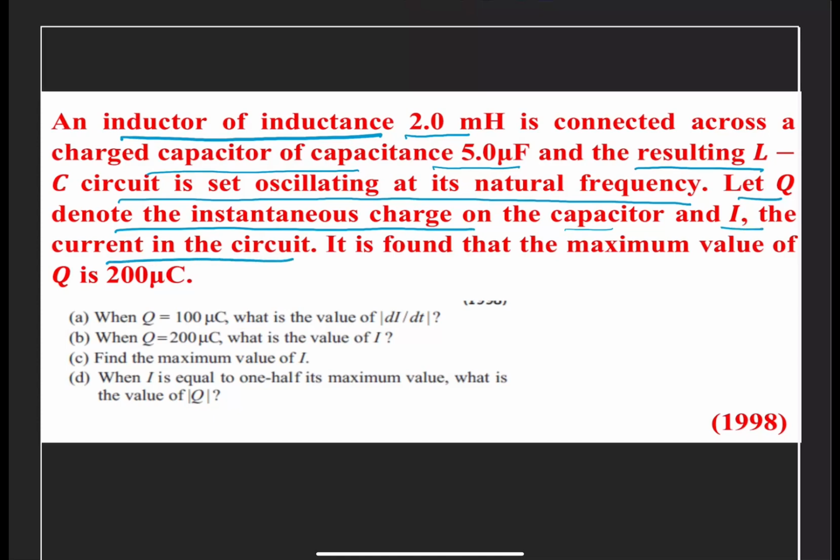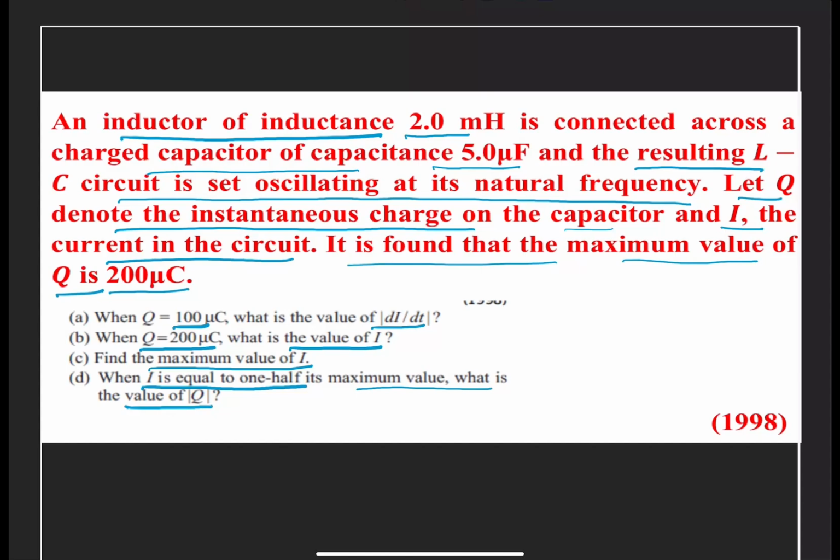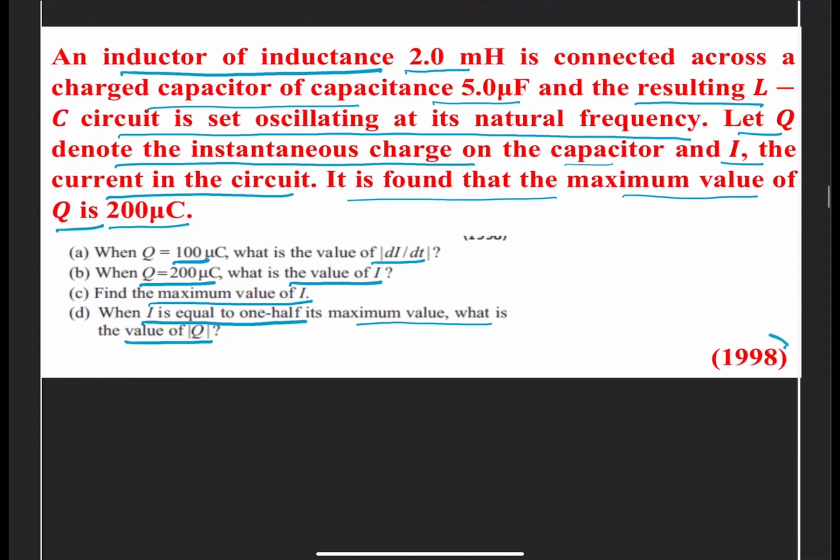It is found that the maximum value of the charge Q is 200 microcoulomb, and based on this we have 4 questions. First, when Q is 100 microcoulomb, find the magnitude of di upon dt. When Q is 200 microcoulomb, what is the value of I? Find the maximum value of I. And when I is equal to 1/2 of its maximum value, what is the value of Q? Only magnitude. This was asked in the year 1998.